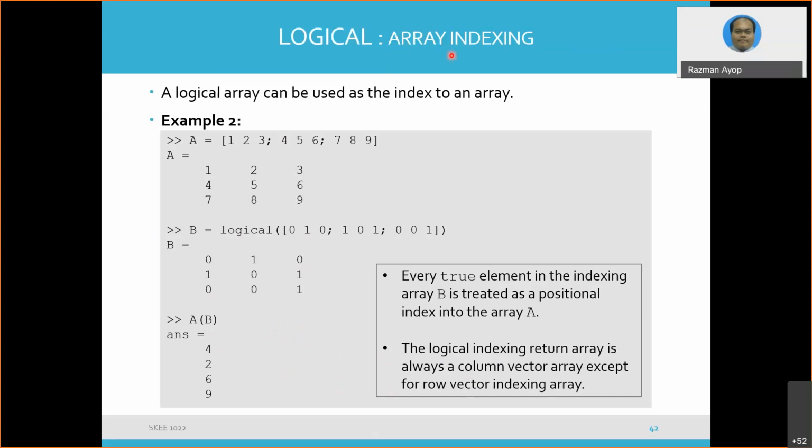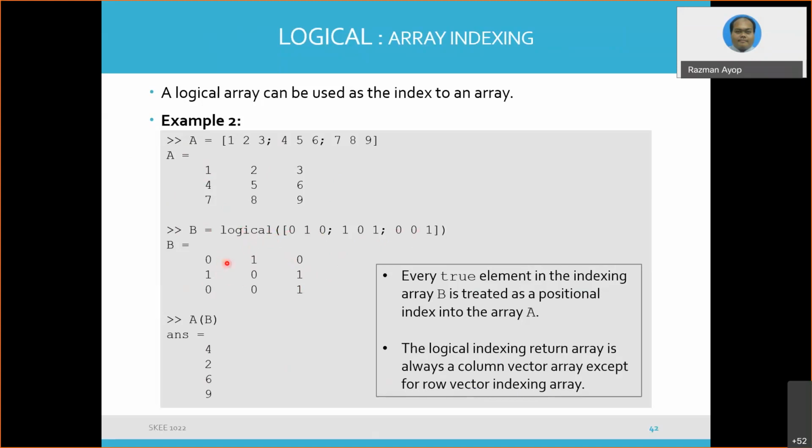So this is array indexing using logic. You have a data here, this is the data, and this is B, the logic here. You have logical data 0, 1, 0, and 1, 0, 1, and 0, 0, 1. Same as before, but instead of just a number inside the square brackets, you put a logical to convert it.